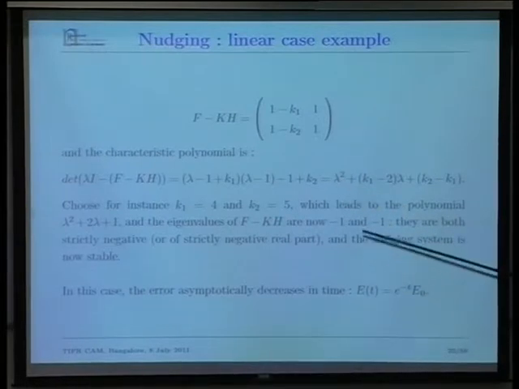So the two eigenvalues are minus 1 and minus 1. So the matrix is stable. And so everything should work. The nudging system is stable, and then you can use any initial condition. You should converge towards the true solution. And in this case, as the two eigenvalues are minus 1 and minus 1, the error decreases asymptotically in time with exponential minus t.